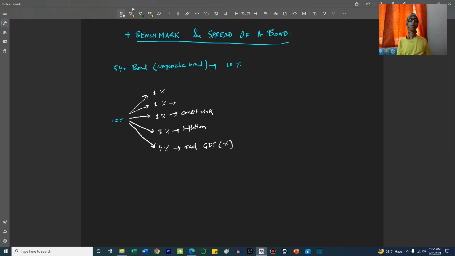So we add 1% because of the tax reasons. Now let's say the government bonds which are on the run are the most popular and the most liquid bonds. So this corporate bond must be less liquid than that government bond. So because of that less liquidity, we add 1% more to it, right? So these are basically risk premiums.